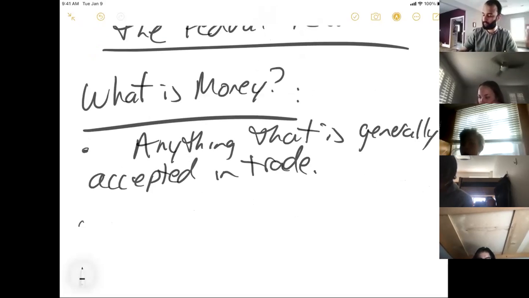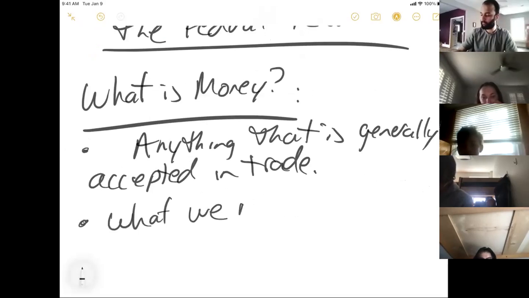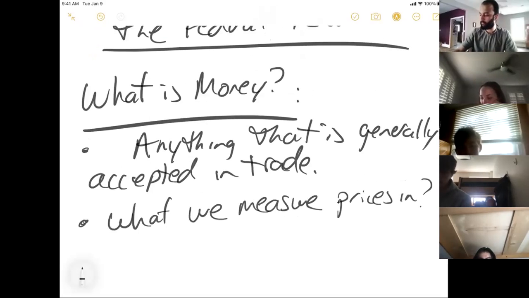And what this means is that money is typically what we measure prices in. Price of a latte is $5, right? Assuming US dollars, right?